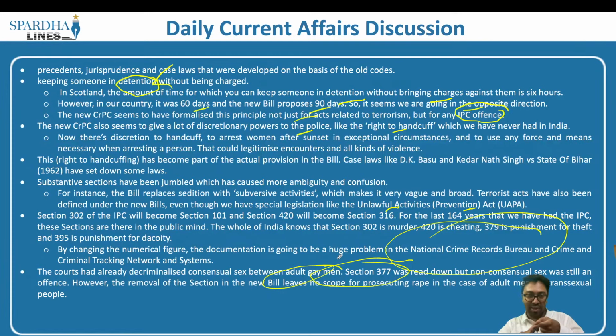But in this particular case, what if the consent is not taken? What if it is forced? If this is completely removed from the new legislation, we are not taking into the picture forced sex between adult gay men. That could also be problematic, says this article. So these are some of the concerns that have been voiced under this article.